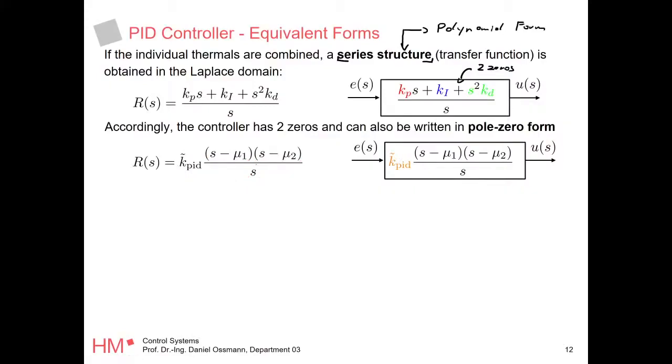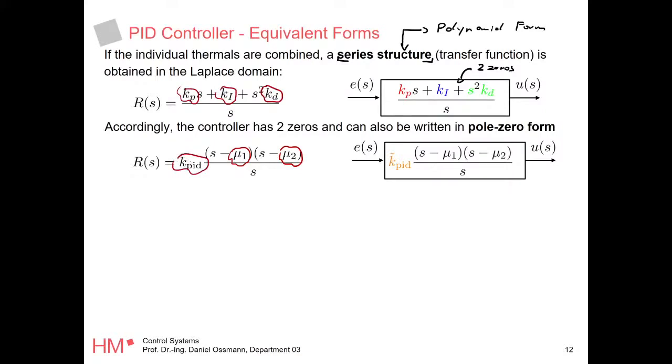One important thing here, which is often mistaken: you can compute these zeros from the gains here, right? So there's a connection between these gains and the two zeros and your controller gain.